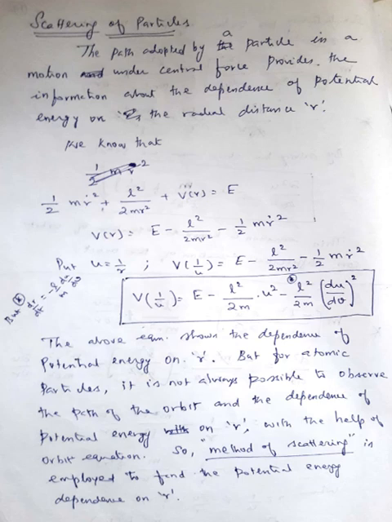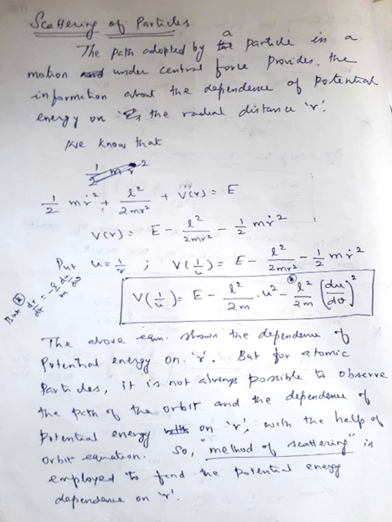Here also, in the central force field, scattering of particles is used to find the path adopted by a particle. Basically, the path adopted by a particle in motion under a central force field gives information about the dependence of potential energy on the radial distance r.